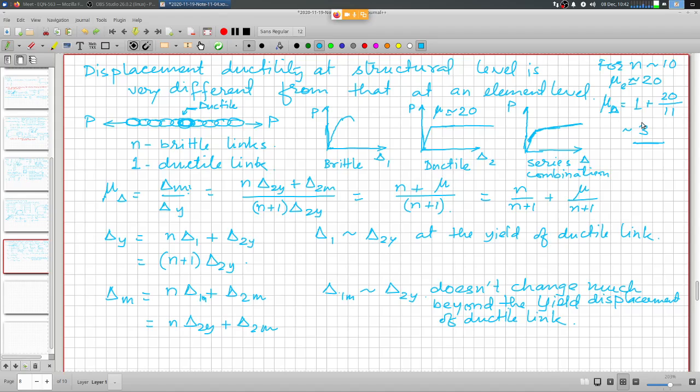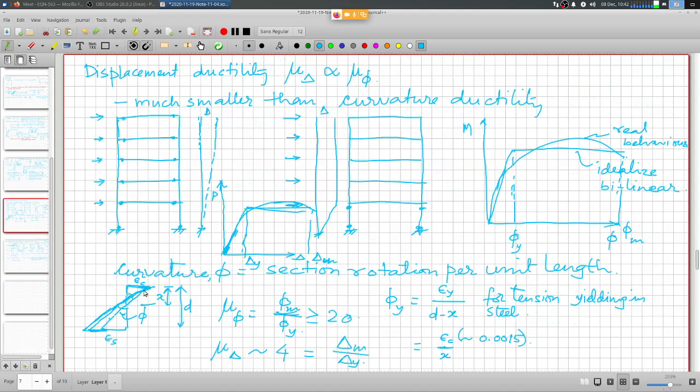And this kind of curvature ductility, if you look at the curvature diagram, is where you have ultimate curvature very large and going much beyond the yield curvature, developing the plastic hinge which will lead to rigid body rotations.